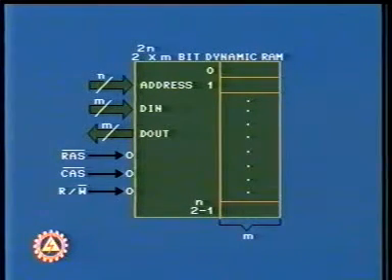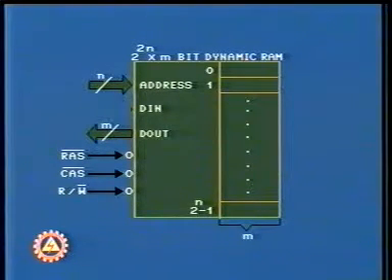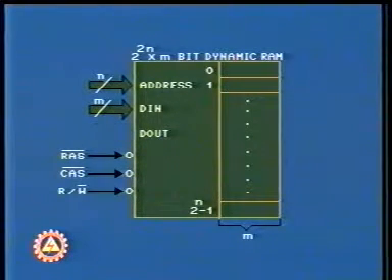A dynamic RAM has n-bit address lines, separate m-bit data in D-in lines, and m-bit data out D-out lines.